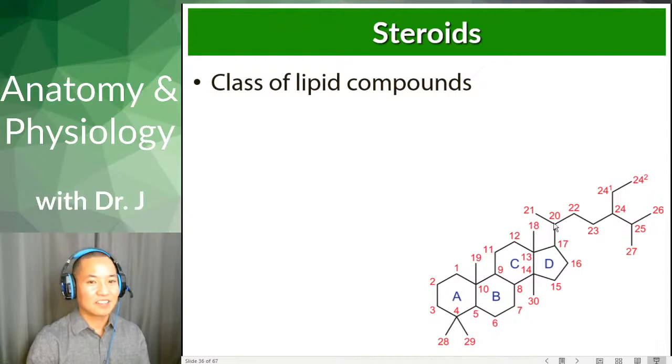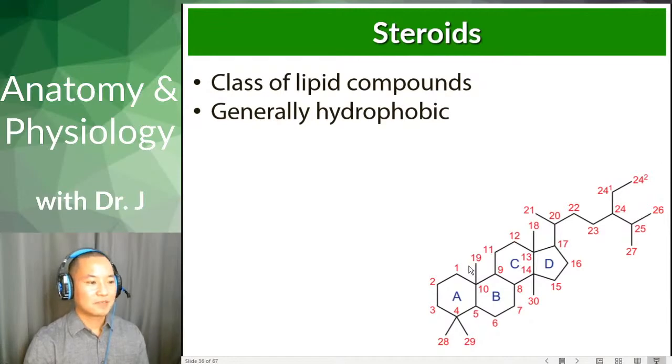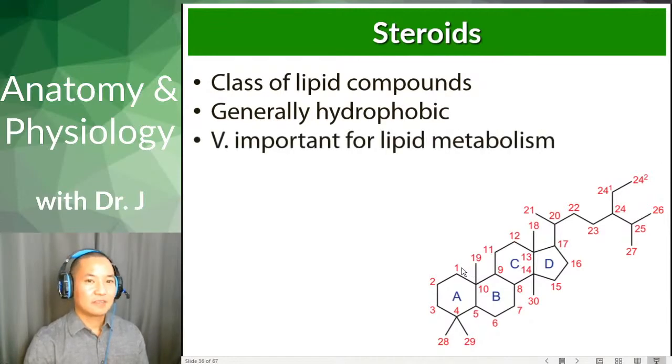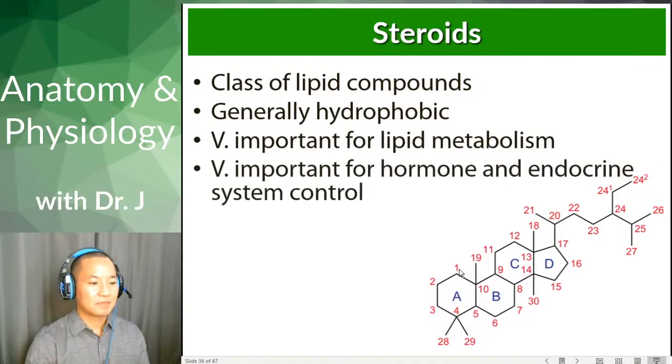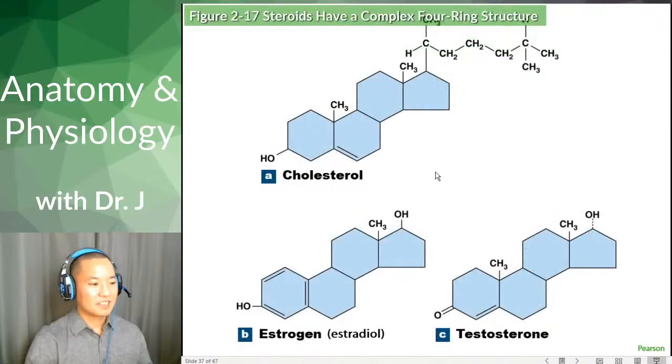Instead of being a long chain of carbons and hydrogens, they have this complex ring structure. They tend to be generally hydrophobic, and they are very important for lipid metabolism. When we get to PHYL 142, there's a whole class of hormones called steroid hormones, and all of them generally look like this structure right here.